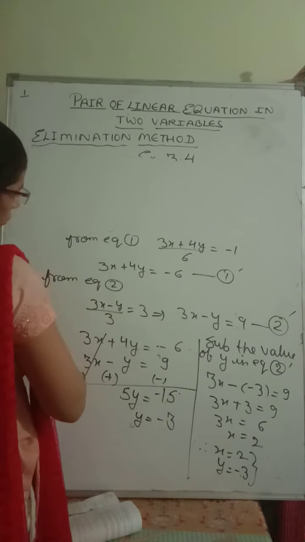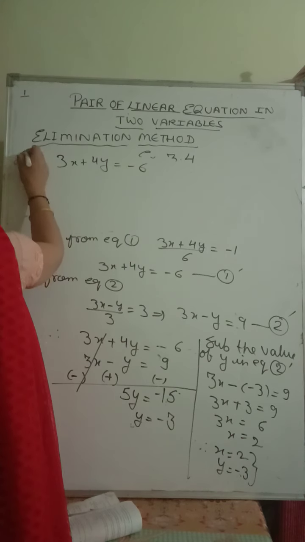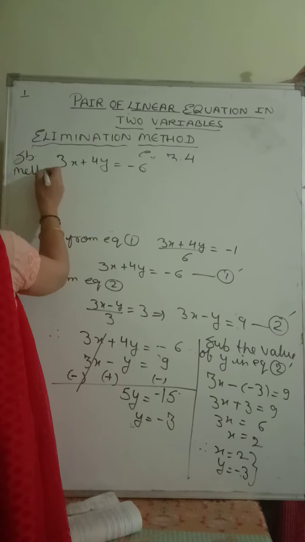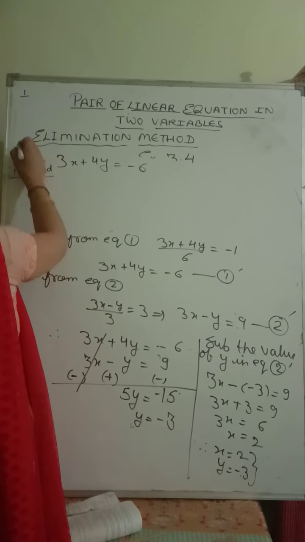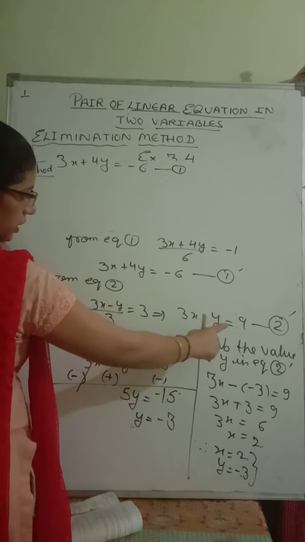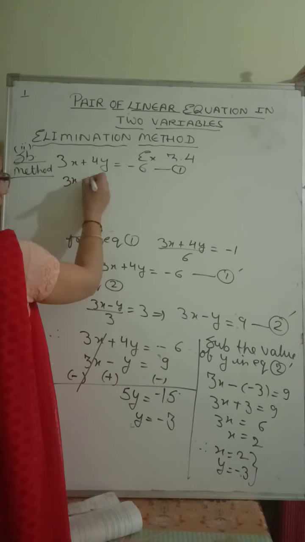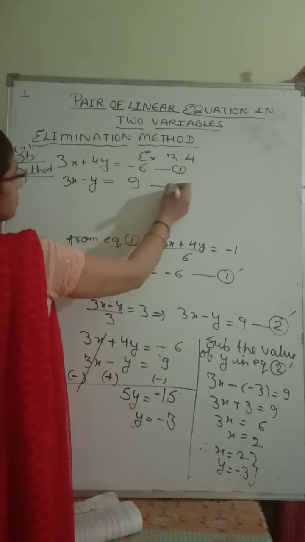Equation 1 dash is 3x plus 4y equals to minus 6. The second method we are doing is substitution method. And second equation 2 dash is 3x minus y equals to 9.